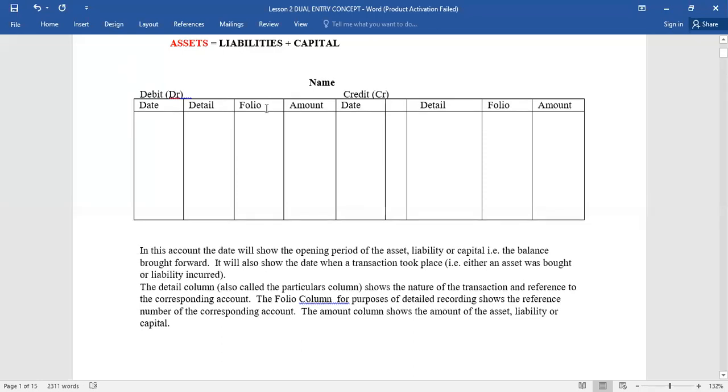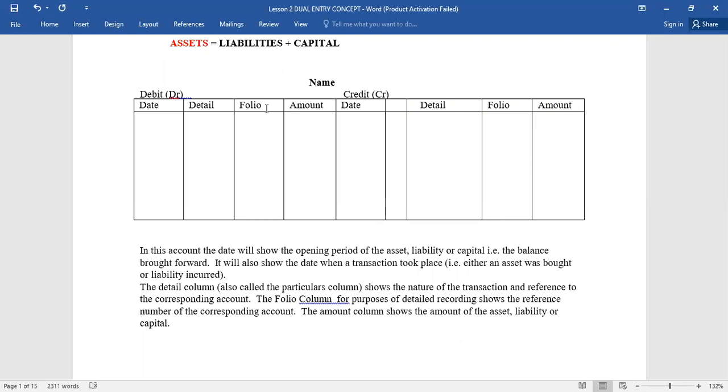You can imagine a supermarket where we have a million and one items. If we don't have the folio number, we may not know which particular item we are selling. For example, you have so many brands of cooking oil. Are you selling the cooking oil from Bidco? Is it from Pwani? That's why we need the folio. Then of course the amount.